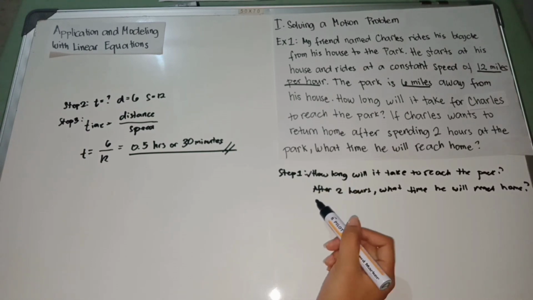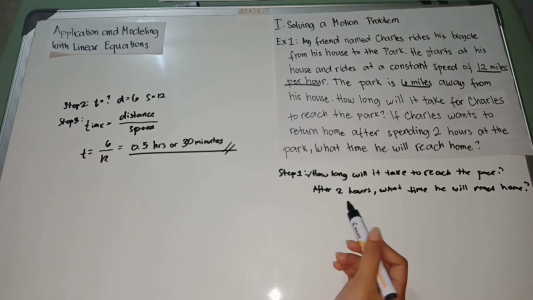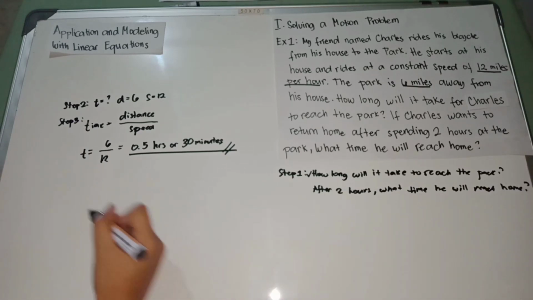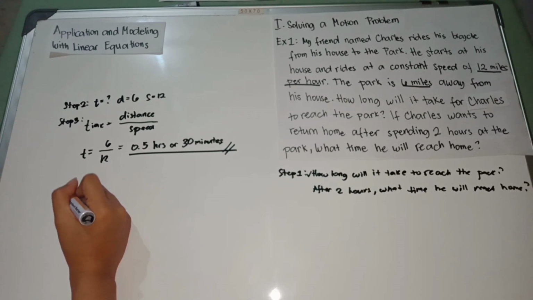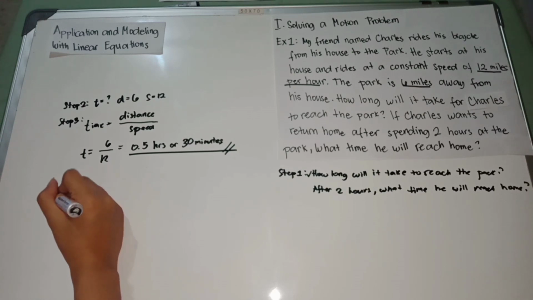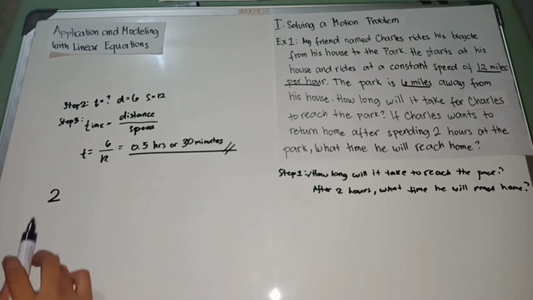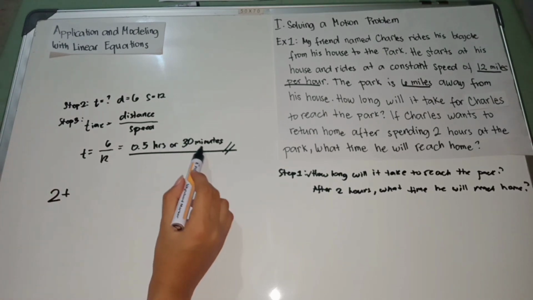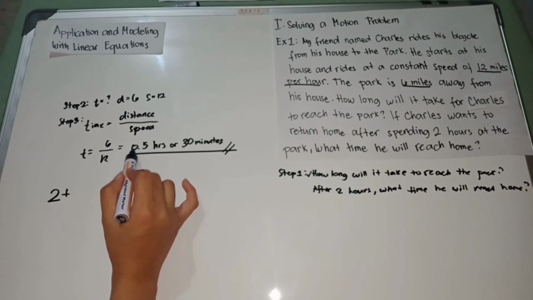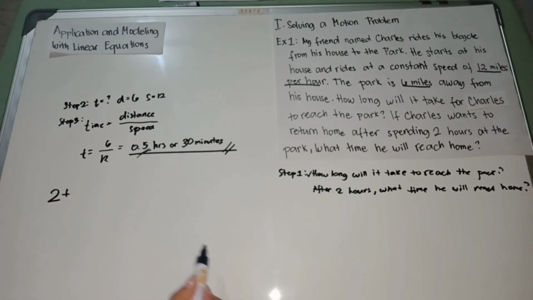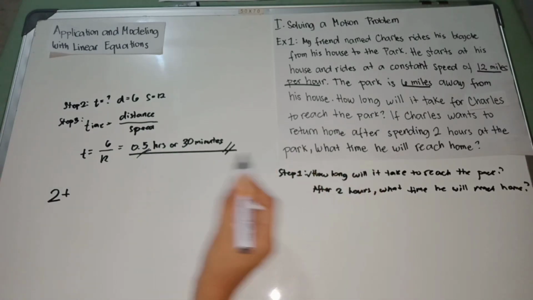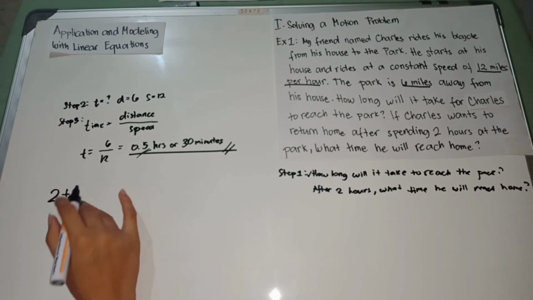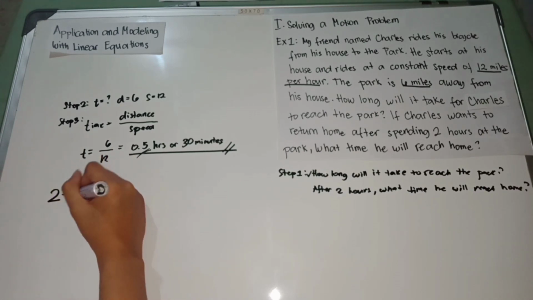So the next question is, after spending 2 hours, what time will he reach home? So we need to add the time that he spent, 2 hours, plus 30 minutes, or we will use 0.5 for the time that he spent until he reaches the park.